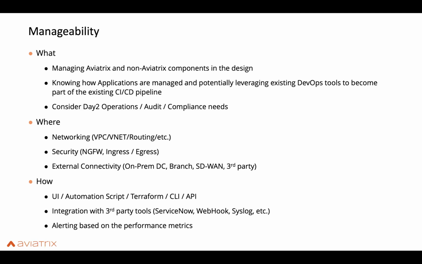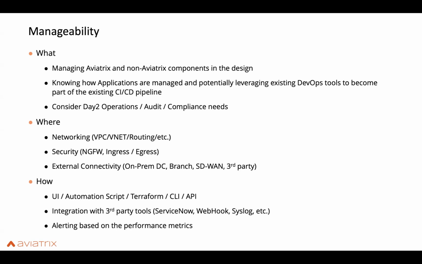So pretty much 99.9% of the time, the enterprises that we talk to are making it part of their CI/CD pipeline to run, manage, and operate, because they want to avoid human errors, because we know human errors are the number one cause for outages and also for security breaches. So you need to think about that as well, and provide the proper automation for your cloud network.